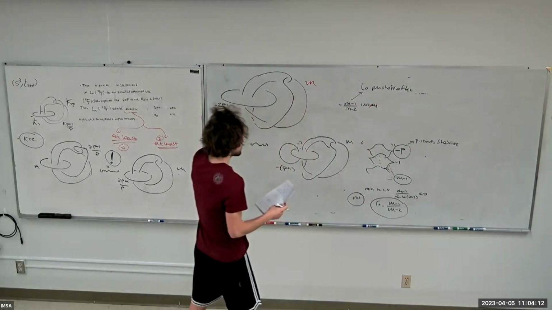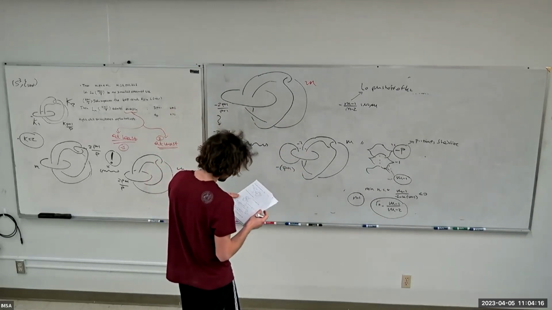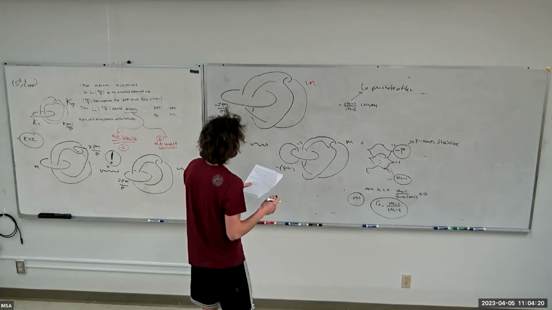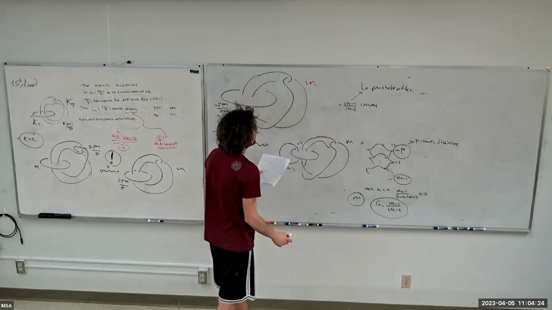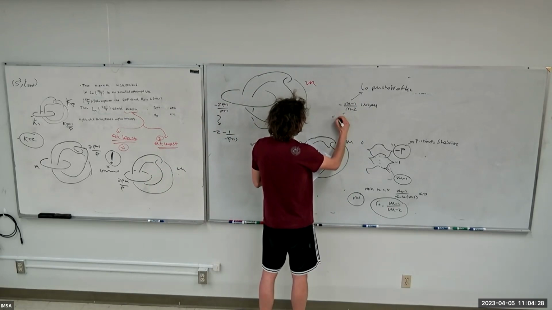To turn this into a sequence of minus 1 surgeries, again, I run the same algorithm. Now what I have to do is take the continued fraction expansion of this, but this is morally the same as minus m over m minus 1.